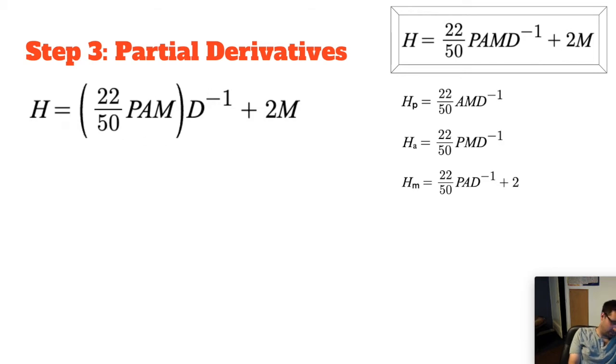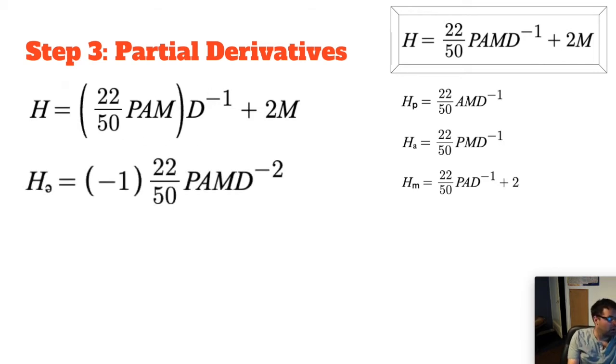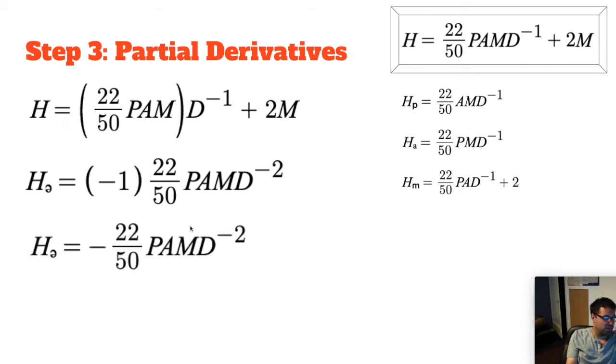So we bring the negative 1 down, and the new power is negative 2. Please pretend this upside down e was a D. The subscripts did not have the letter D. Don't know why. We can rewrite this because negative 1 times 22/50ths is just negative 22/50ths PAMD to the negative 2.